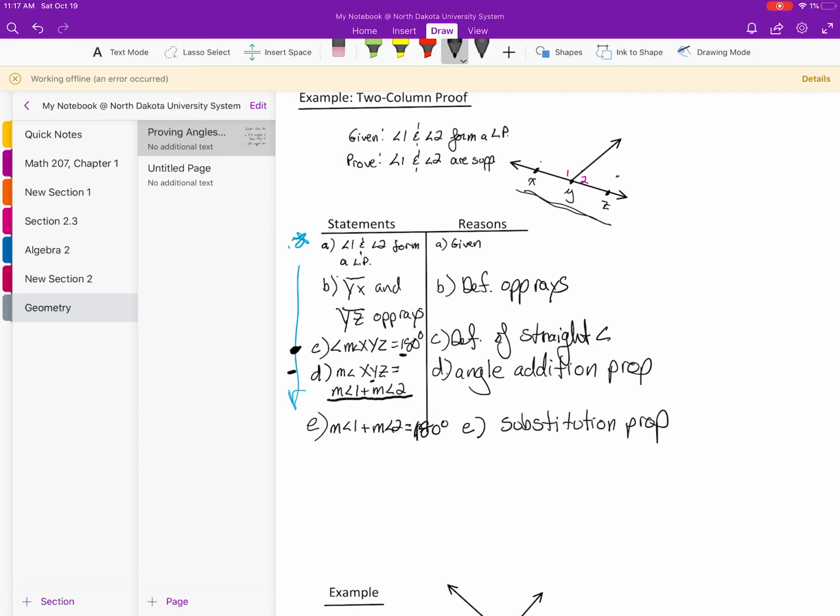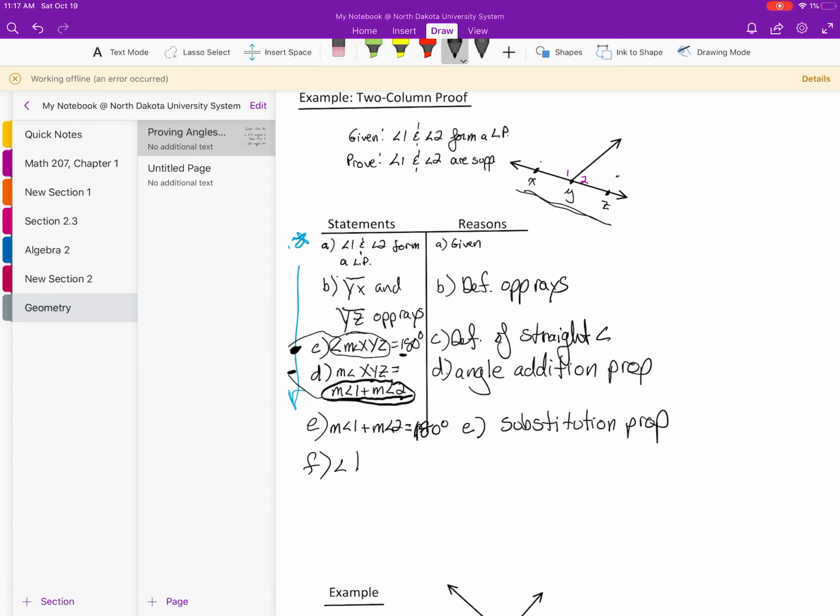Down here we said measure of angle XYZ equals measure of angle 1 plus measure of angle 2. So we have that as our algebraic substitution, right? So now we're just going to substitute this into this equation. We're going to substitute measure of angle 1 plus measure of angle 2 into the statement we made in step C. That's substitution.